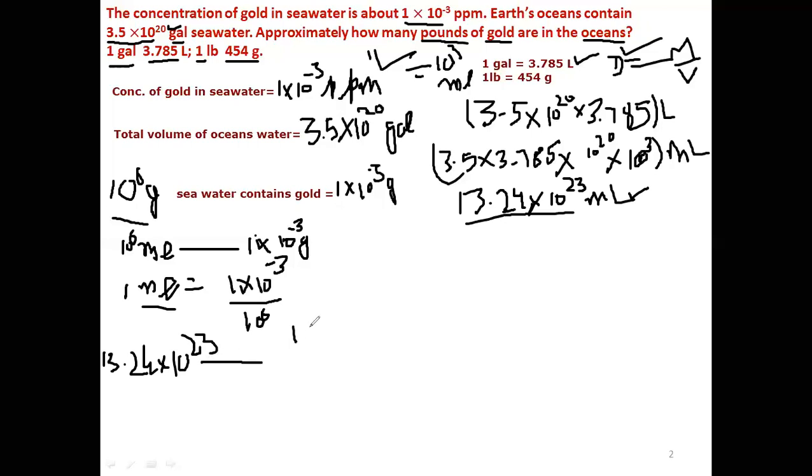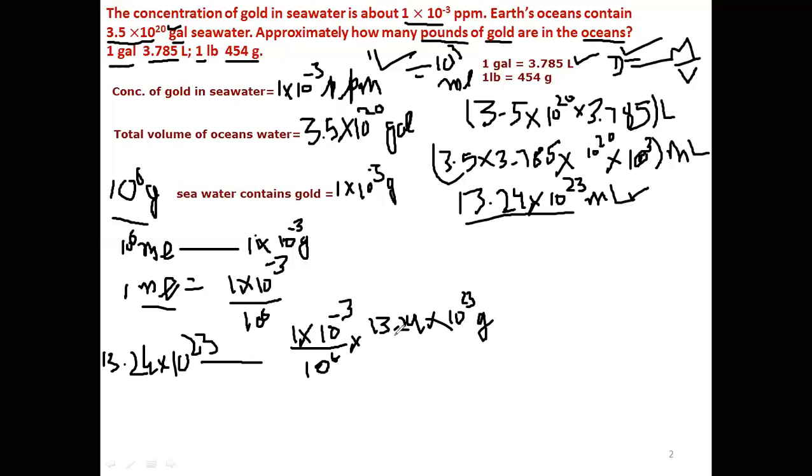How much? 1 into 10 raised to the power minus 3 divided by 10 raised to the power 6 multiplied by 13.24 into 10 raised to the power 23, and the unit is grams. Okay.